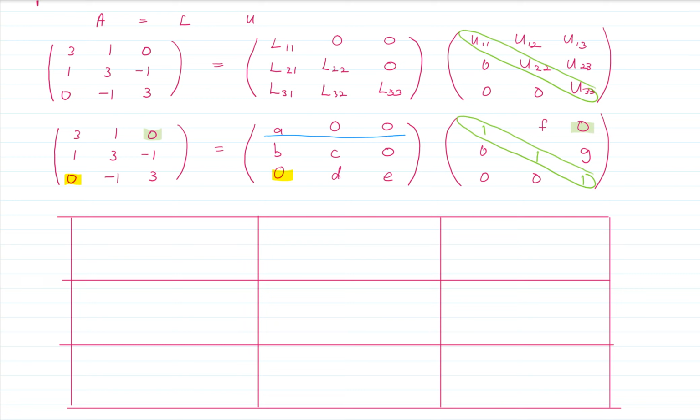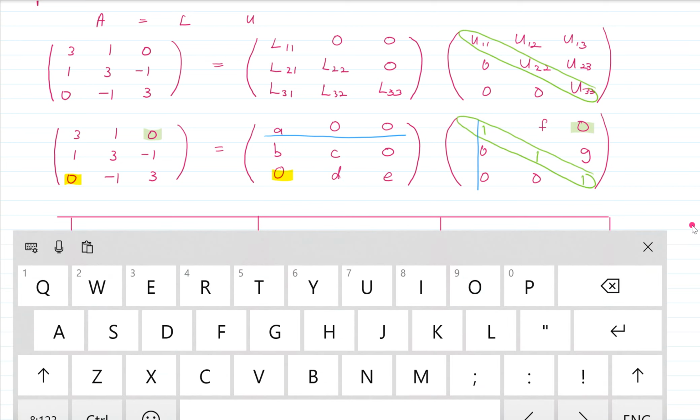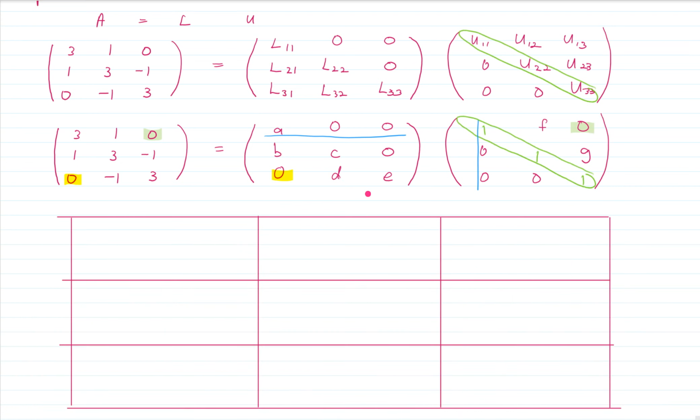The first row is multiplied by the first column. If you still remember how to multiply a 3 times 3 matrix, it becomes A times this one plus 0 plus 0.